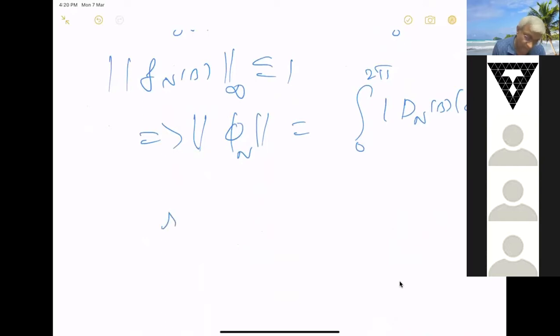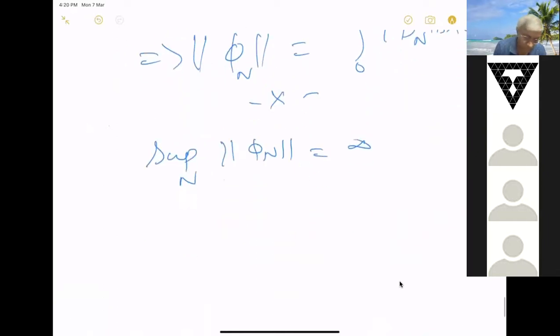So now we know that this goes to infinity. That integral, whatever you have written, we have noticed that the supremum is infinity. So the proof of that proposition is over, and we know that the supremum of norm phi n equals infinity.